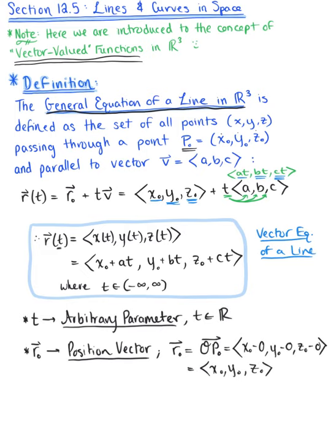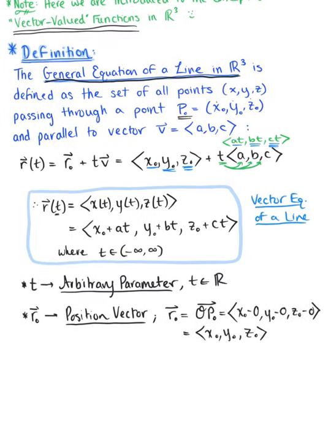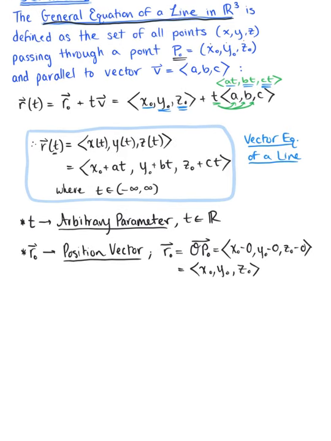The last thing, before we look at an illustration of this equation of a line in space, I want you to note that the vector equation of the line is not an exclusive format for an equation of a line in space. We also have what we call the parametric equations of the line.